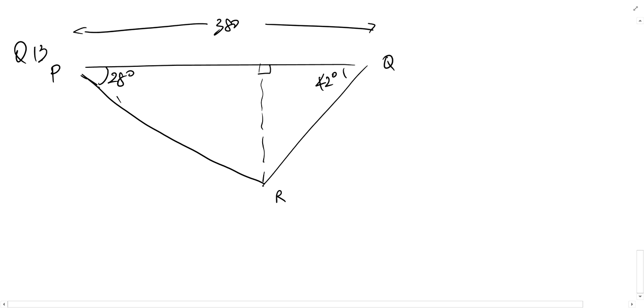Find the height of the helicopter above the ground. So over here, let's call this H. Let the height above ground be H. So how many right angle triangles do you see? Two confirmed right angle triangles. I do not know whether this is a 90 degrees or not, so I cannot confirm. So better not write it.